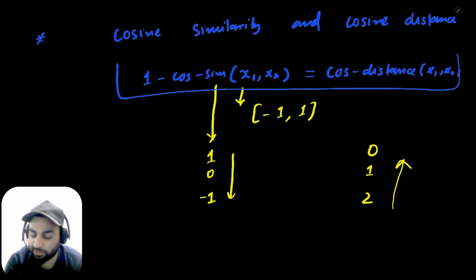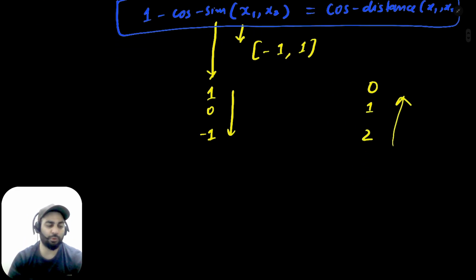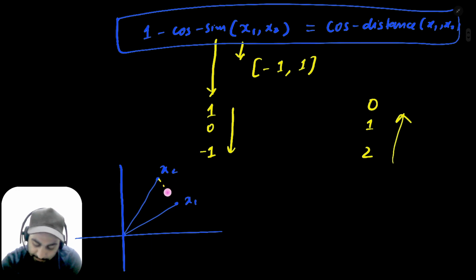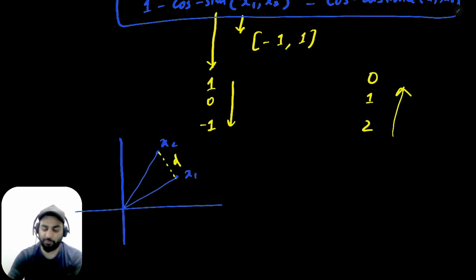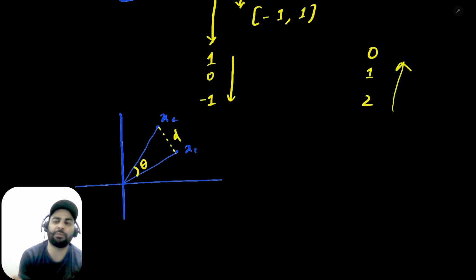Now we'll define one of these quantities and we'll quantify them. Okay, so let's suppose we have again these 2 points, x1 and x2. This is my x1 and this is my x2, let's suppose. Now what we are saying in equivalent distances, we are trying to calculate this d, the equivalent distance between them. So now the distance can be measured in other ways also. For example, if I consider this theta, so I'll say what is the angle between these two.